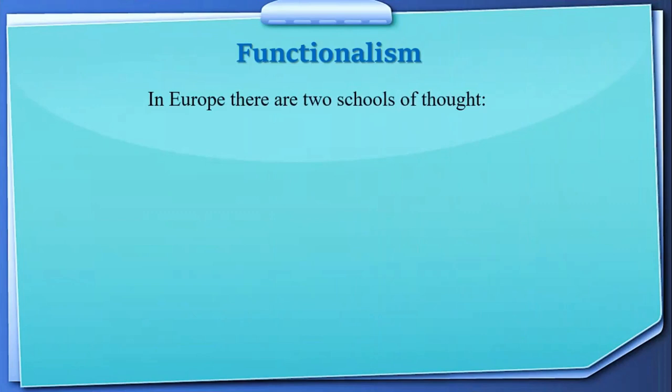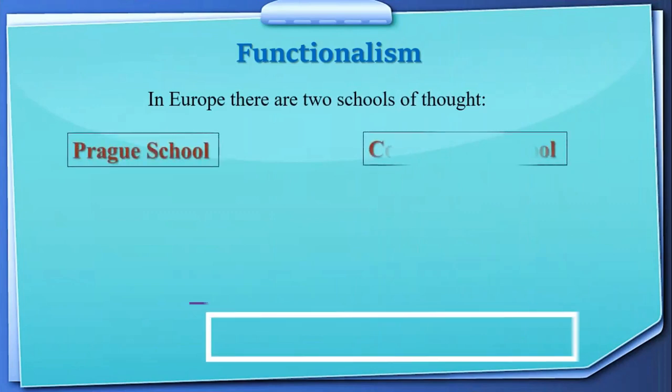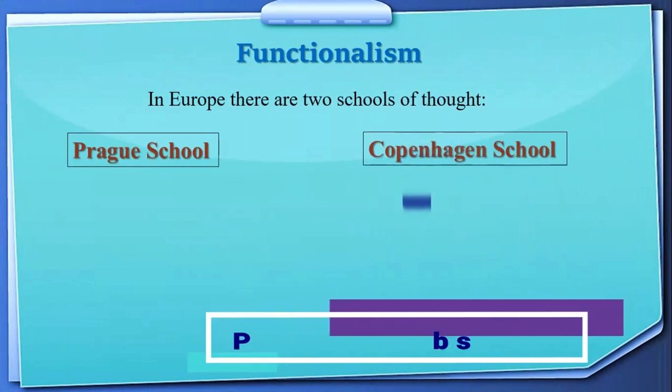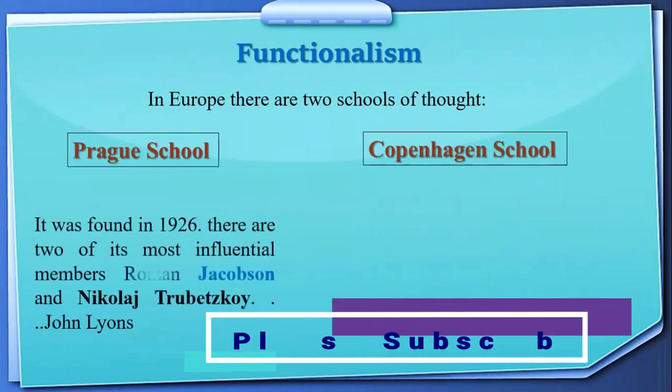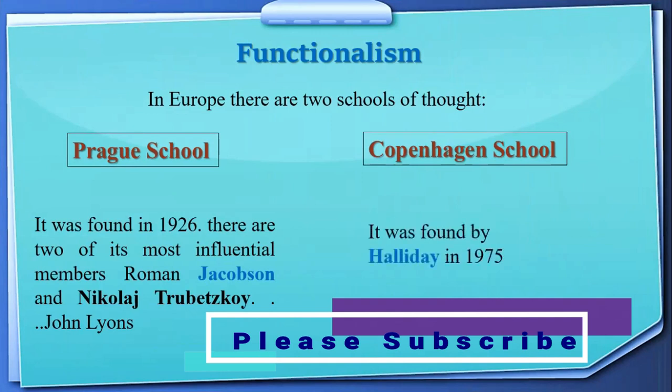In Europe, there are two schools of thought when we talk about functionalism. Number one is the Prague School, and number two is the Copenhagen School. The Prague School was founded in 1926. Two of its most influential members were Roman Jakobson and Nikolai Trubetzkoy, according to John Lyons' books. The Copenhagen School was founded by Halliday in 1975.